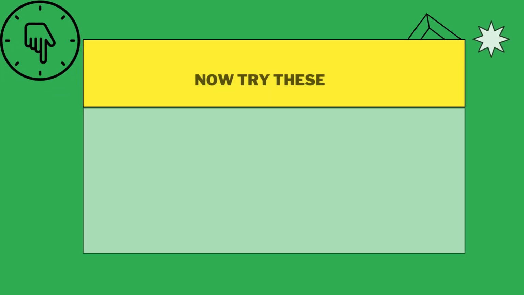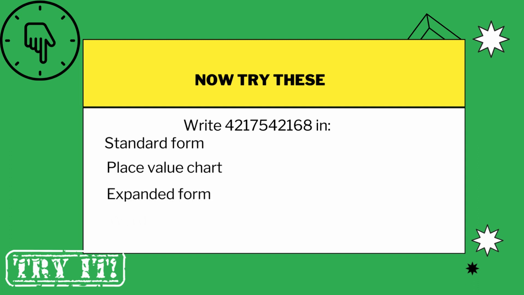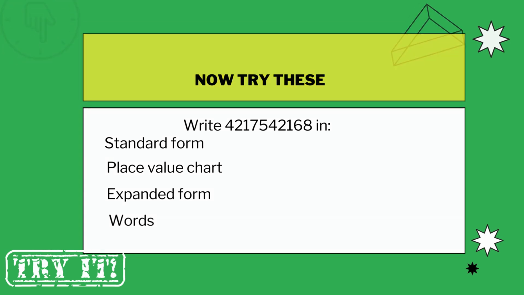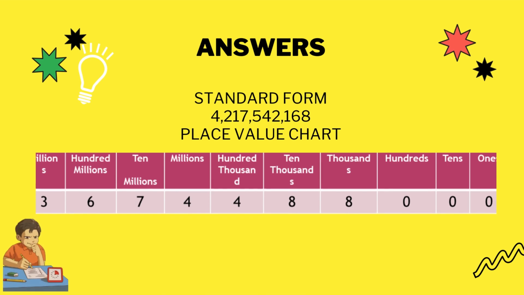Now we can try this question. Write 4,217,542,168 in standard form, place value chart, expanded form, and in words. Now you can see that these are total 10 digits. Now here the digits are separated by commas. That is how we can write it in standard form.